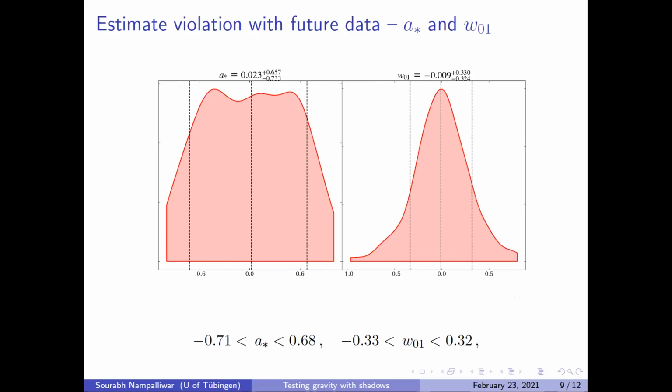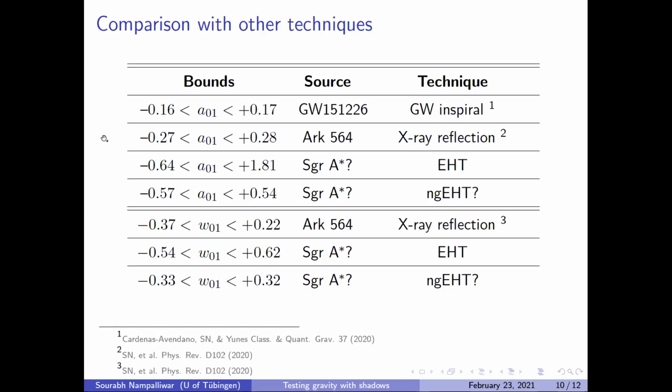Because bounds have been provided for these parameters with other techniques. For example, A01 has been constrained to the order of 0.1 with gravitational waves and to the order of 0.3 with X-rays.